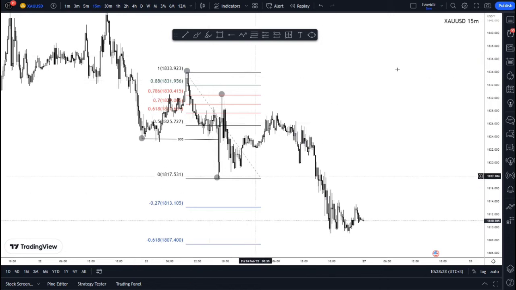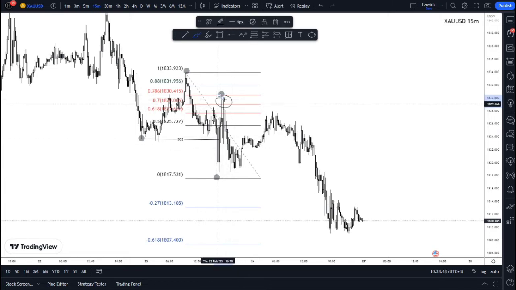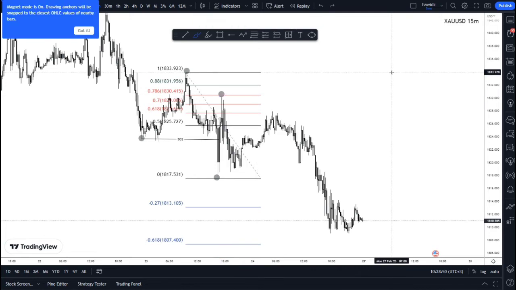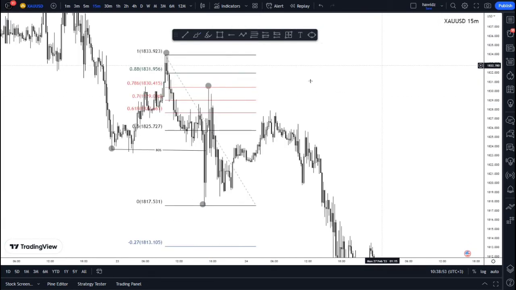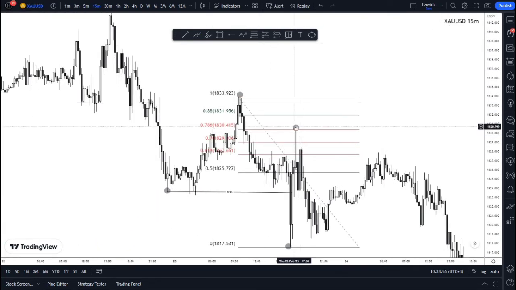Boom, from that high to this low. Look at what price does, right? Price comes into the fib tool. Of course, it tests your 0.7 level. Does it mitigate the 0.786 level? Let's zoom in and see if it does, right? Let's just remove this. Nope. So you can see, guys, this entry here was never triggered.